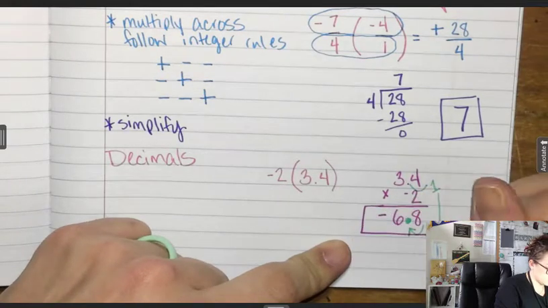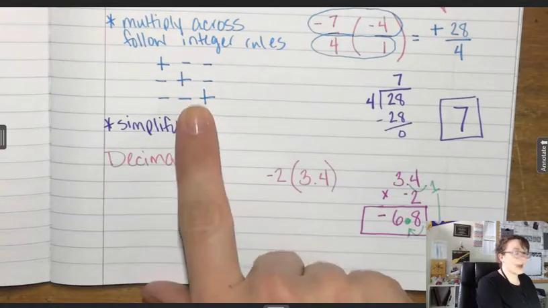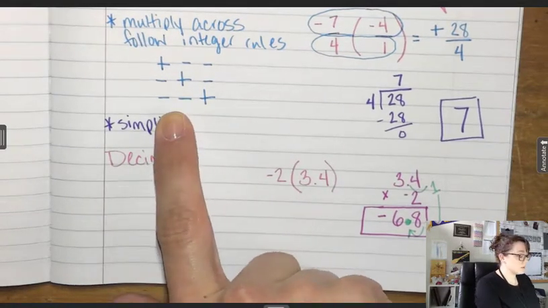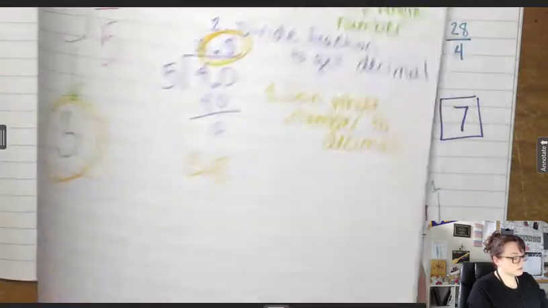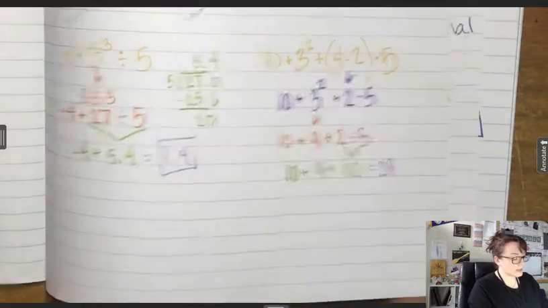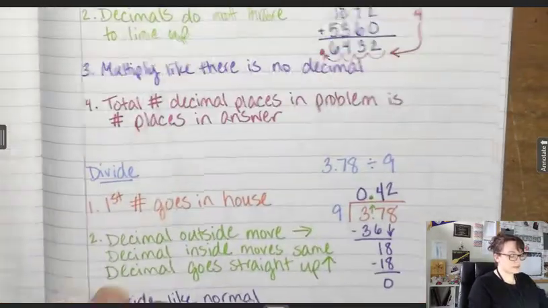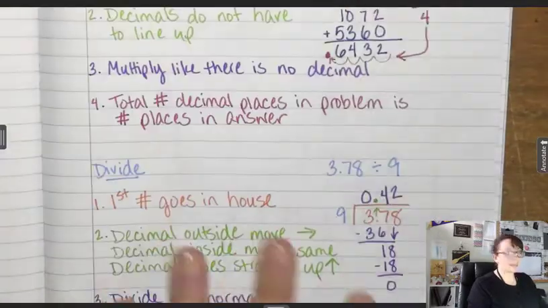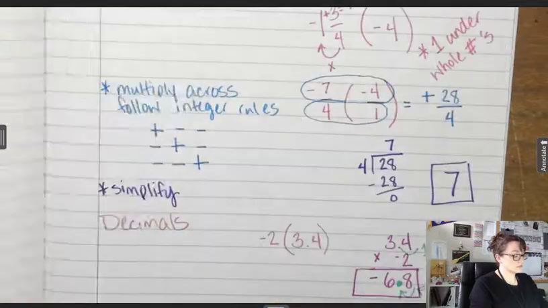That's it. It's just like multiplying decimals from 6th grade, but you have to follow these integer rules. If you need more help with multiplying decimals, multiplying and dividing decimals is on page 8 in your notes. Okay?